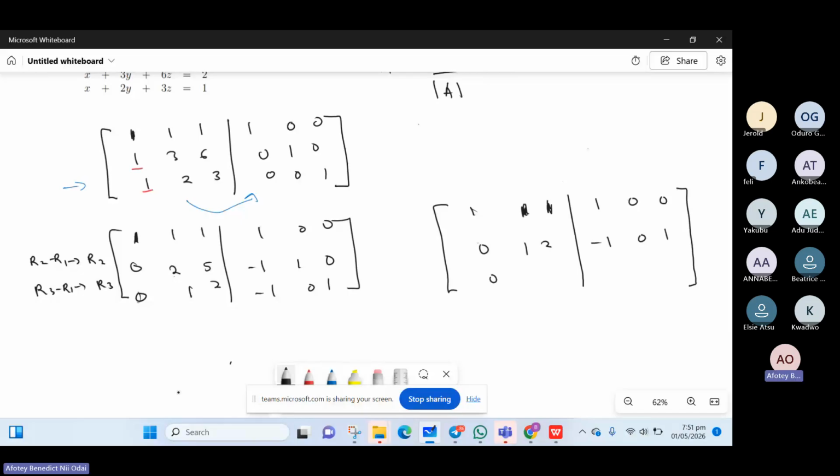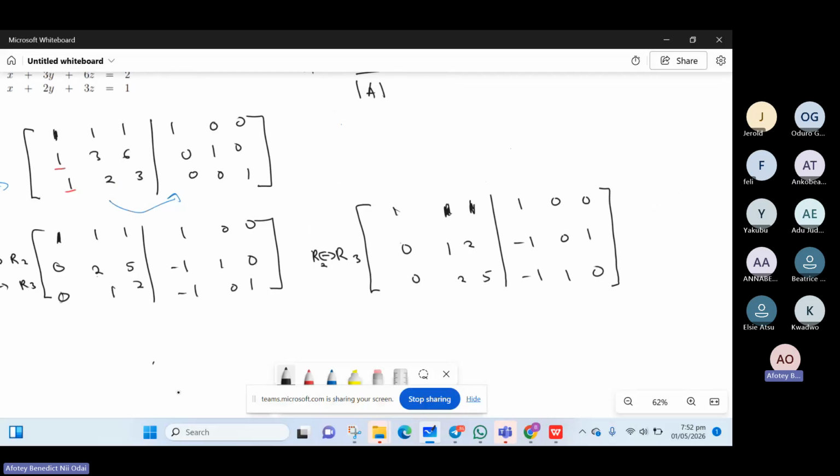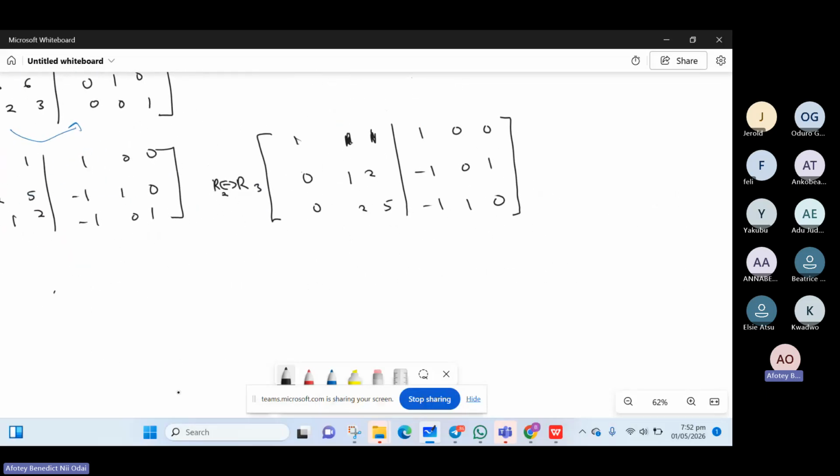And we get 0 2 5 negative 1 1 0. Right, so it's taking shape and looking more like an identity matrix, sorry. This is very boring. I know this, it's so boring, but please bear with me.